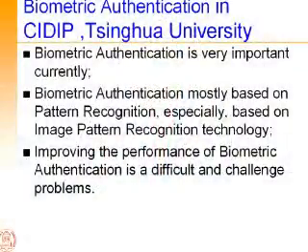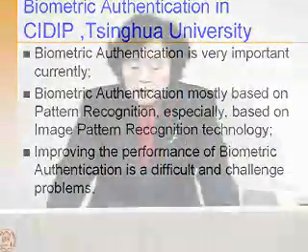Next, we introduce some multimodal biometric authentication and video surveillance. Biometrics is very important, especially after 9/11 in America.